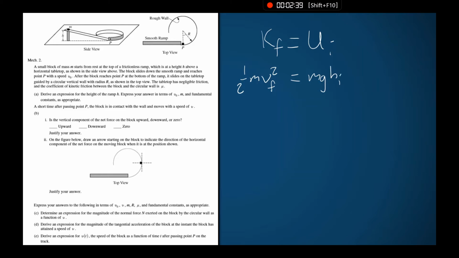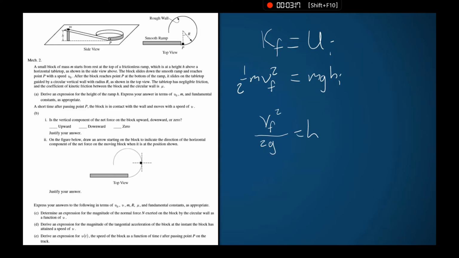And we are solving for h, so what's going to happen? Okay, so we're left with... Hold on. It says express your answer in terms of v0.